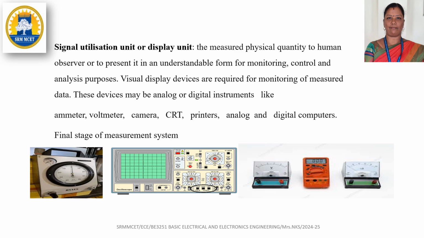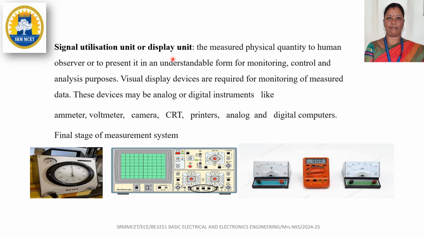The next most important and final stage of the measurement system is the signal utilization or display unit. The measured physical quantity has to be displayed and interpreted to the observer in an understandable manner.